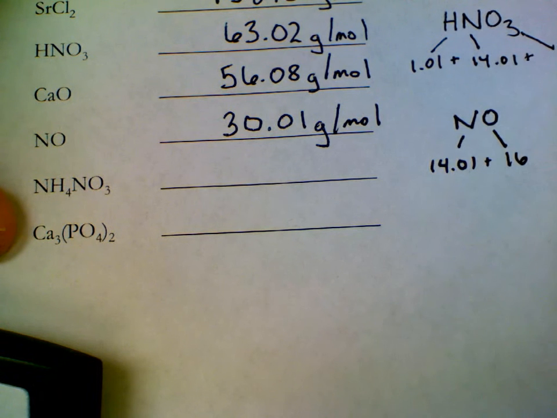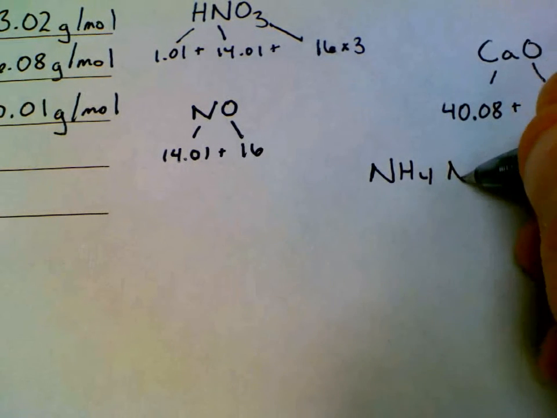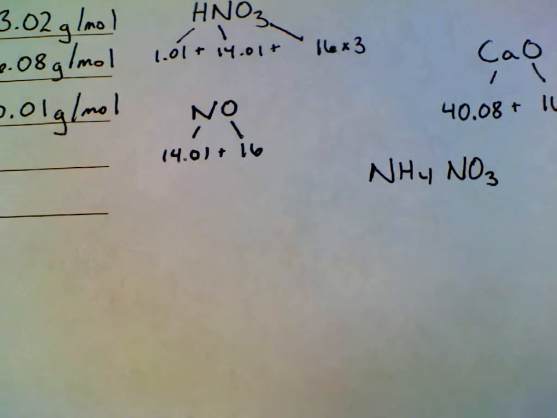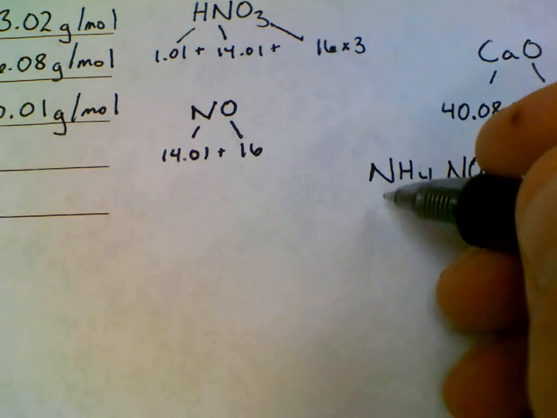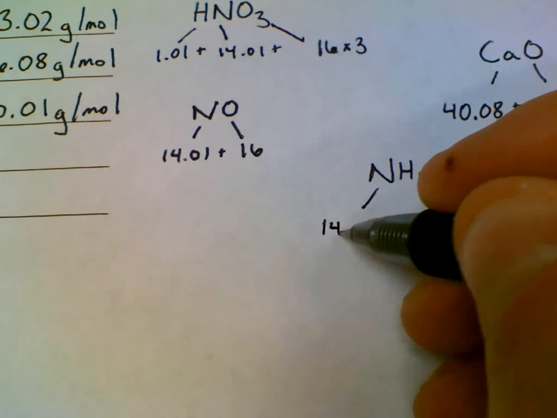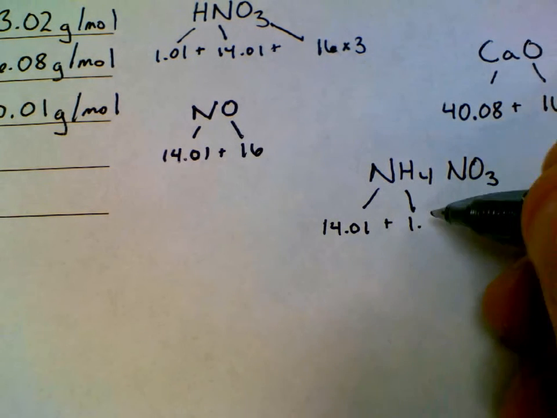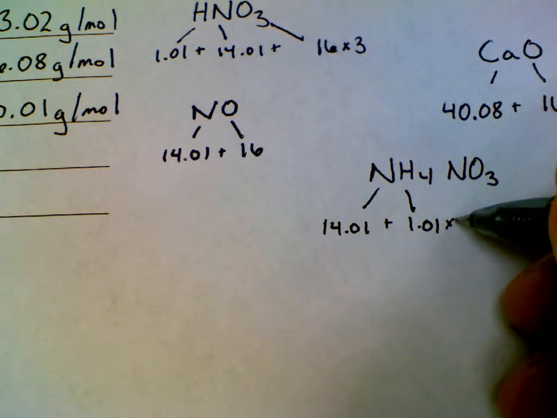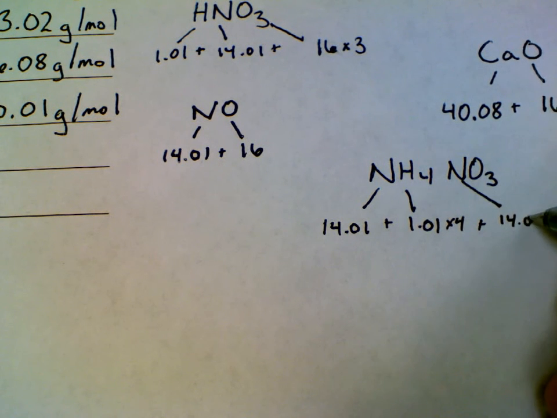Ammonium nitrate, NH4NO3. You can solve this in a couple of different ways. You could put the 2 nitrogens together, or you could just run them separately. So 14.01 plus 1.01 times 4 plus 14.01 plus 16 times 3.